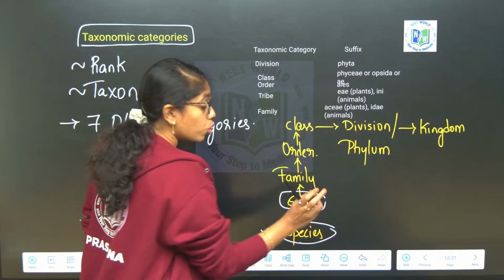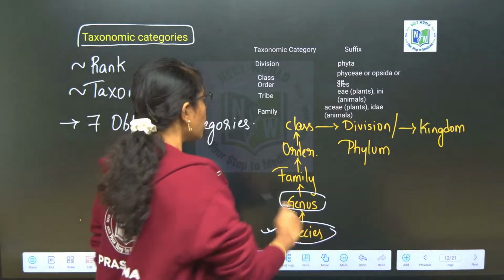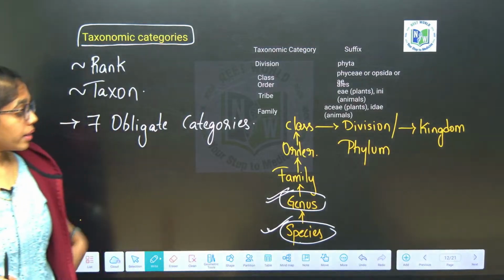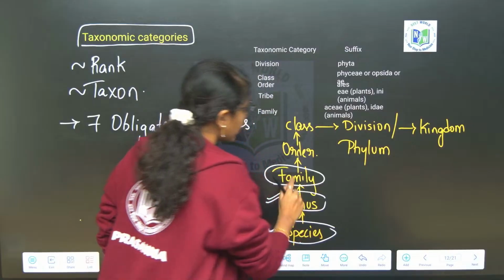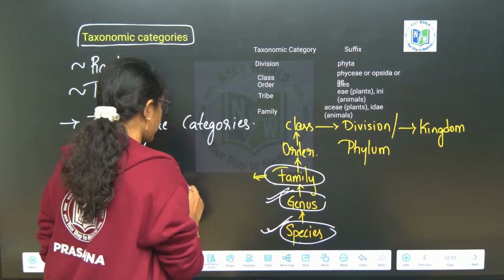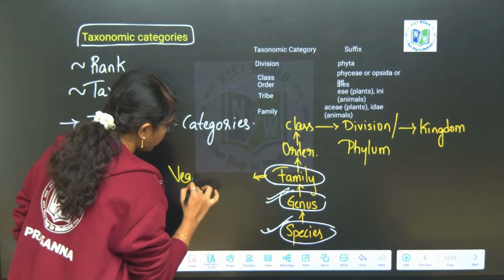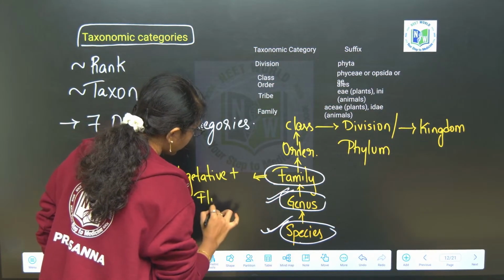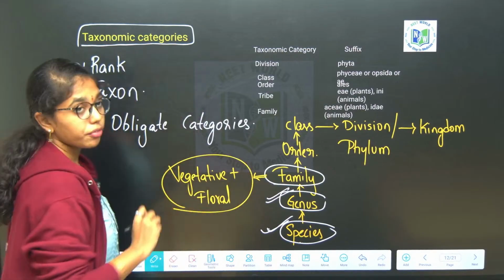Then genus: a group of related species which are a little morphologically different are placed in genus. Then related genera with similar vegetative characters and floral characters, if it is in plants, are placed in family.